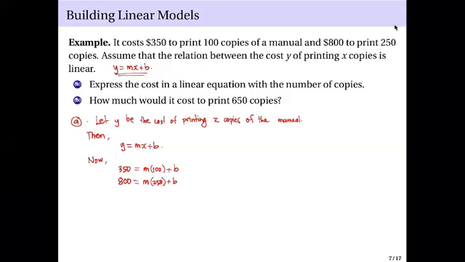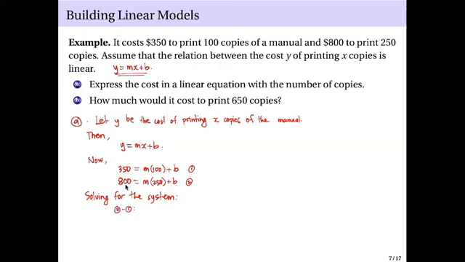So now we solve this system. We can label this as equation 1 and equation 2. Let's subtract equation 2 minus equation 1.